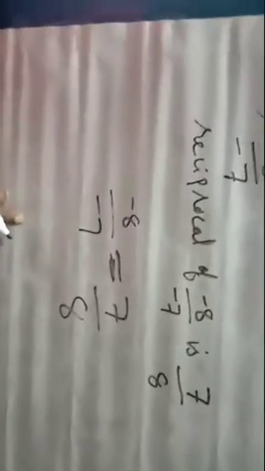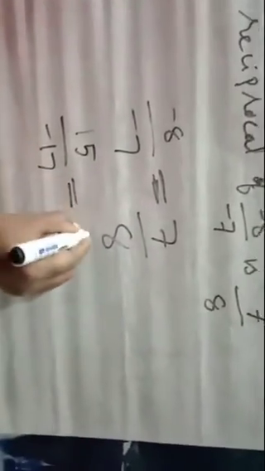They are asking to find the reciprocal. So you write, reciprocal of negative 8 by negative 7 is 7 by 8, like that. This question also, 15 by minus 17 equal to minus 17 by 15, this is wrong. This is not equal. Don't write like this.